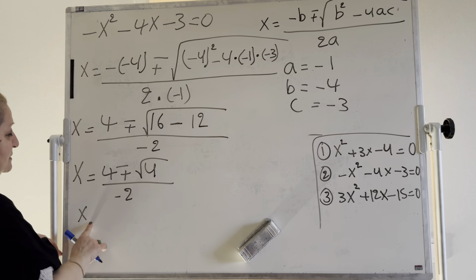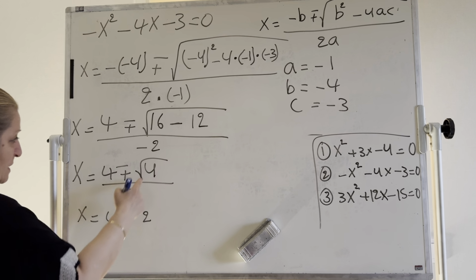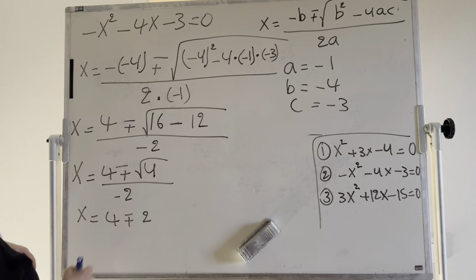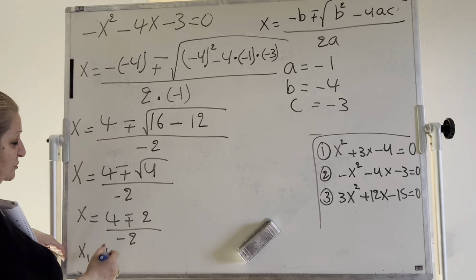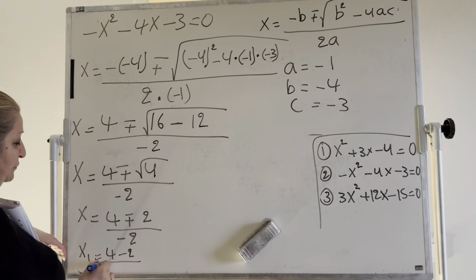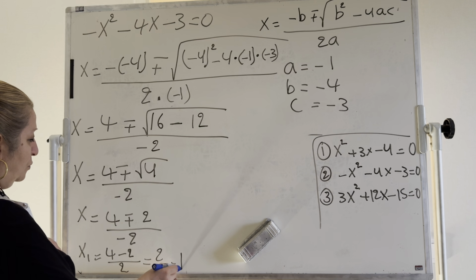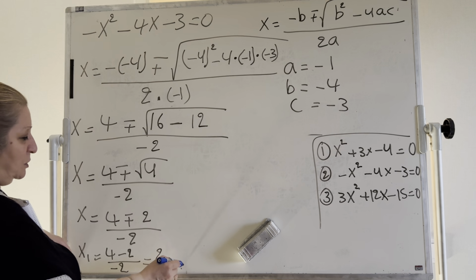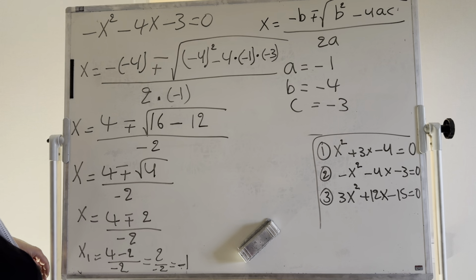x equals 4 plus or minus 2, because the square root of 4 is 2, divided by minus 2. x1 equals 4, I will take the minus sign first, minus 2, divided by minus 2, equals 2 divided by minus 2, so equals minus 1.